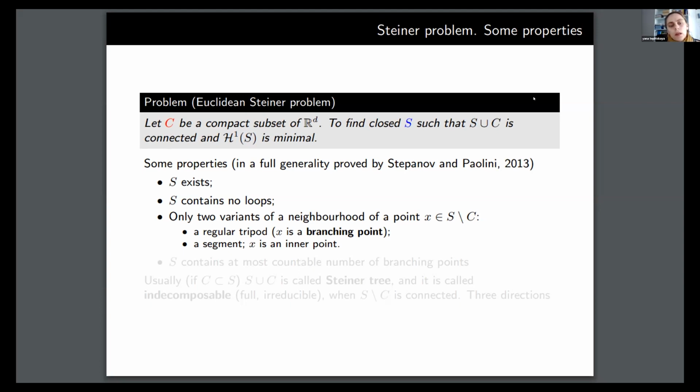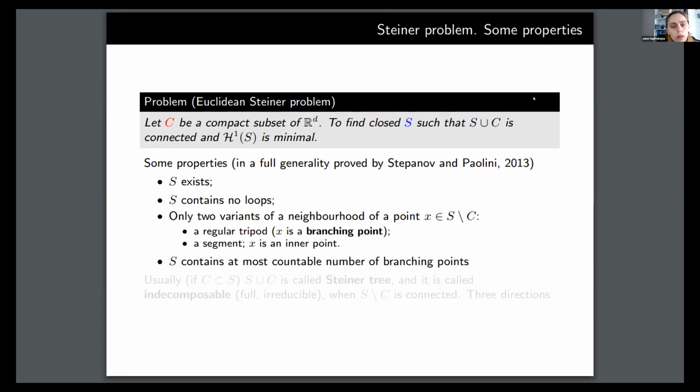It can be the center of a regular tripod, as a Torricelli point, for example, or it can be just the center of a segment. That's almost all points. We also know that such points which are the center of a regular tripod, we will call branching points. We know that their number cannot be more than countable.